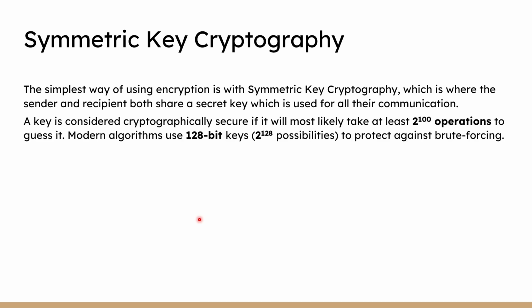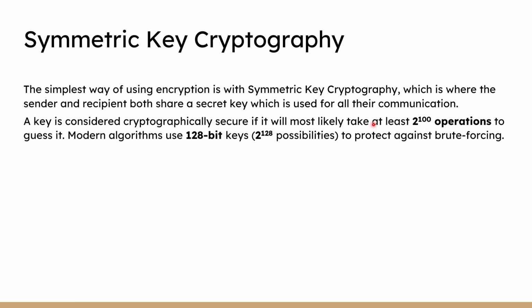A key, as we saw before, is a number, but in reality they use huge numbers, because a key is only considered secure if it will most likely take at least 2 to the 100 operations to brute force it, which is guessing every possible key until you find the right one.